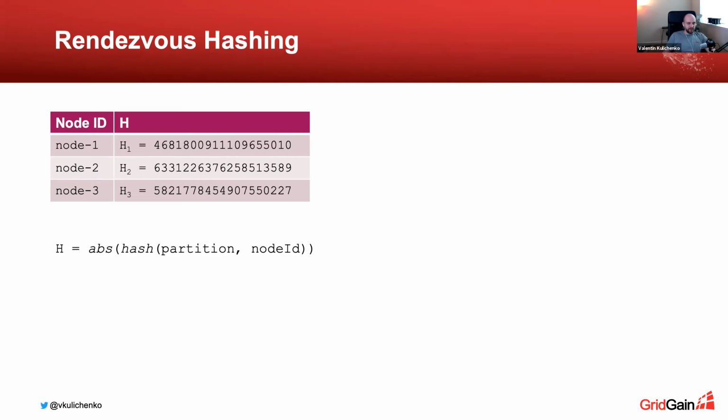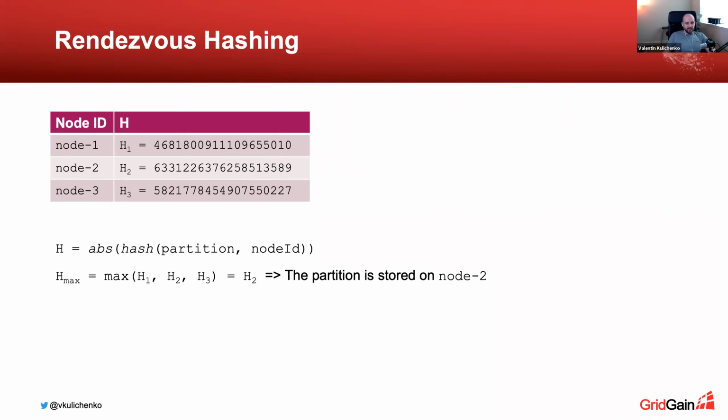So for any partition that you want to get a mapping for, we will calculate the value of this function h for every node we have in the cluster. So we have 3 nodes. We'll get 3 values: h1, h2, and h3. And then we'll pick a maximum. In this particular case, that's h2, because it's bigger than h1 and h3.